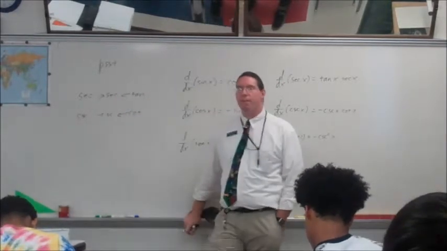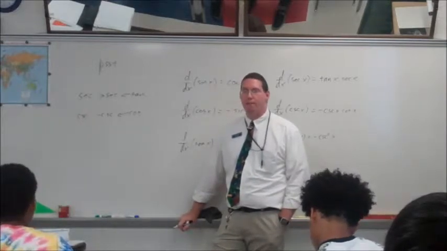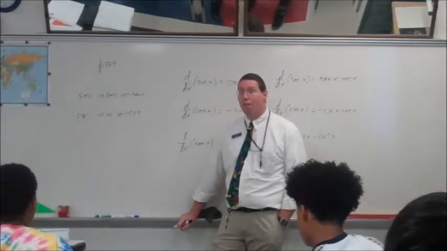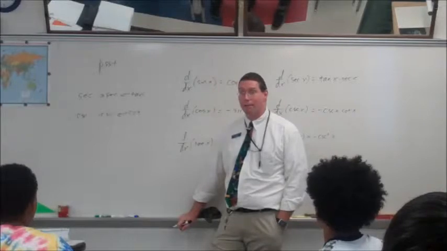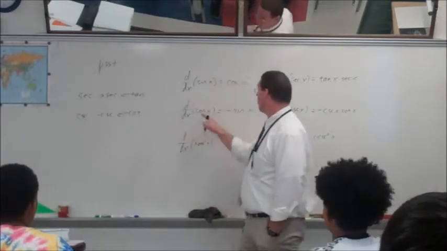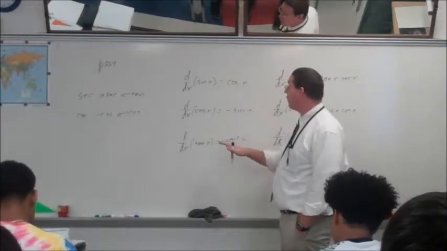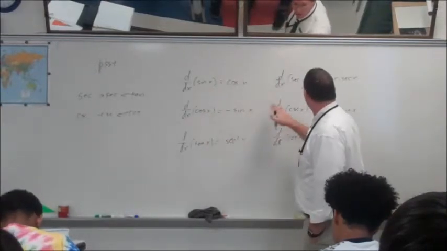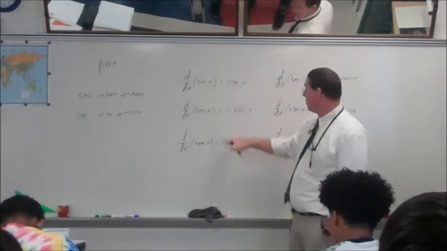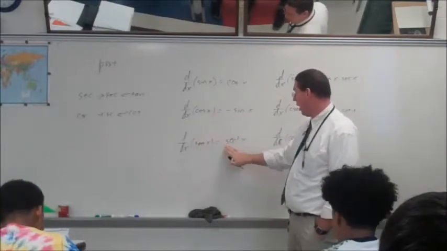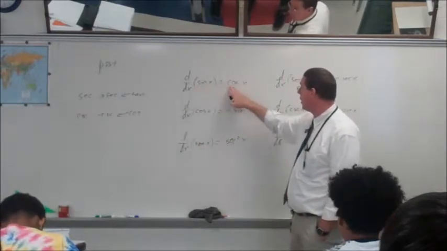Why is it negative? Because all derivatives of co-functions are negative. Look, the derivative of cosine is negative sine. The derivatives of all non-co functions are not negative. See that? Not co, not negative. Not co, not negative.